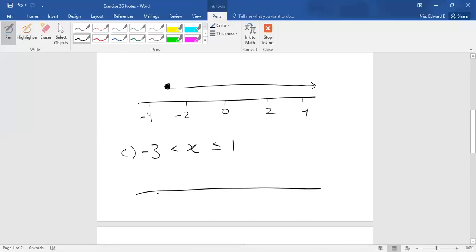So what this looks like is you'll have -4, -2, 0, 2, and 4. We've got an open circle at -3 because it can't be -3. We've got a closed circle because we've got the underlying equal sign at 1.